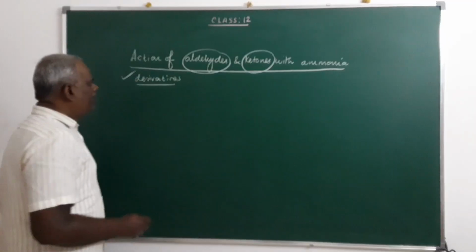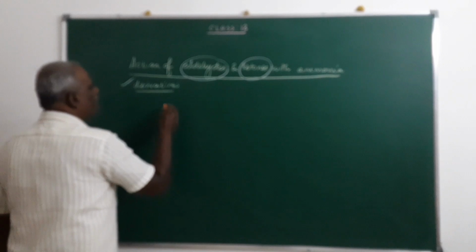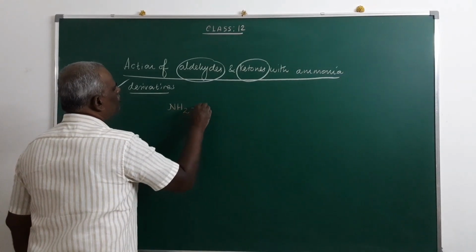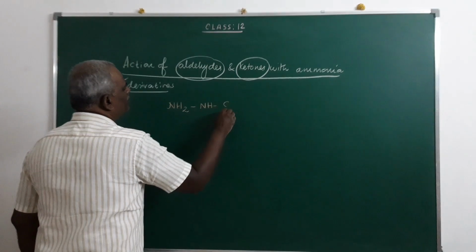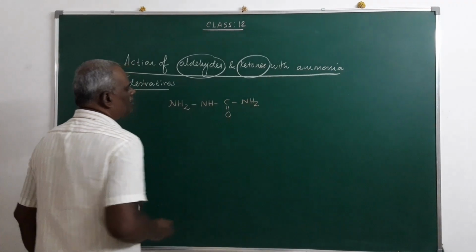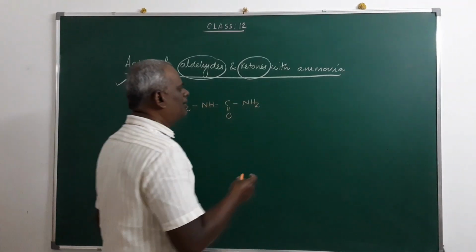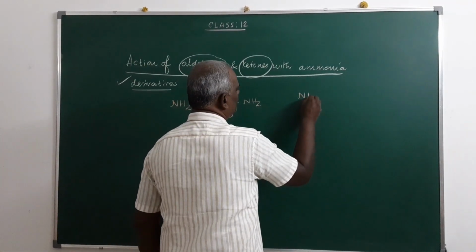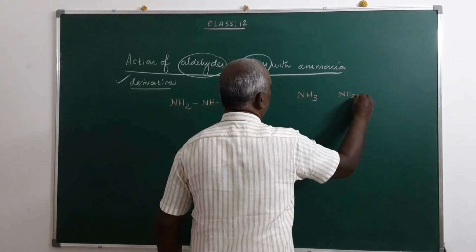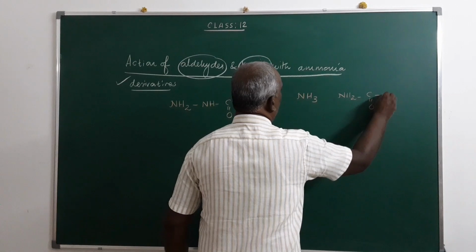Okay. And the last derivative will be semicarbazide. This is the derivative NH2NH C double bond O NH2. To recollect the molecular formula for this, just have an idea like this. NH3 ammonia and the urea, NH2 C double bond O NH2.